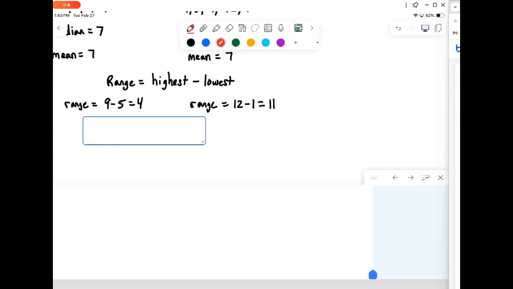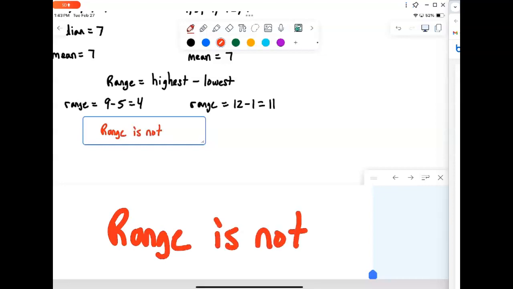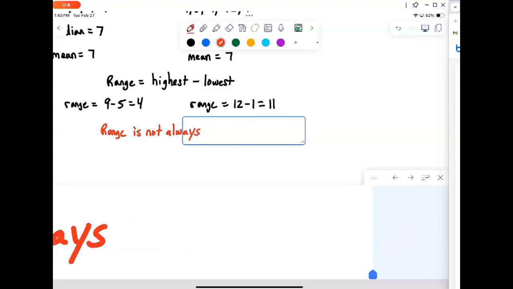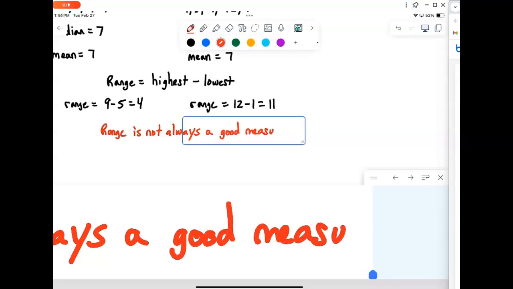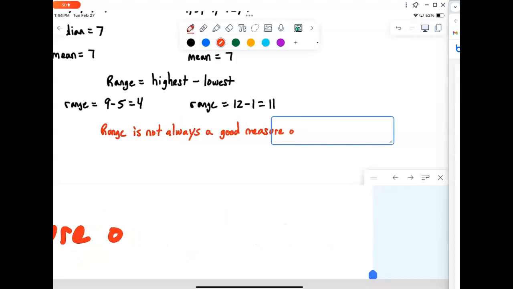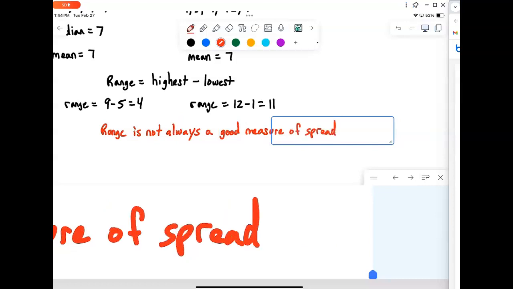So a very important idea about range: range is not always a good measure of spread.